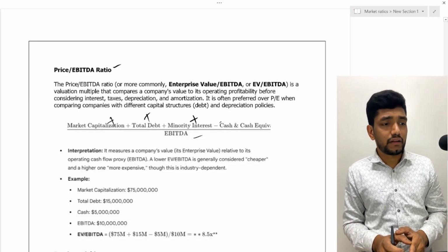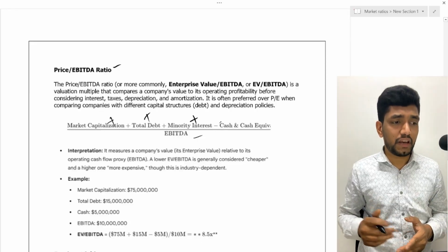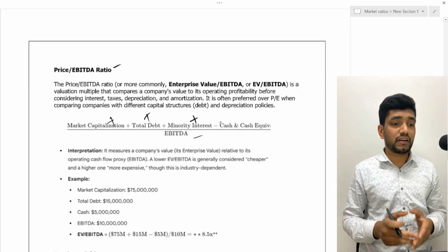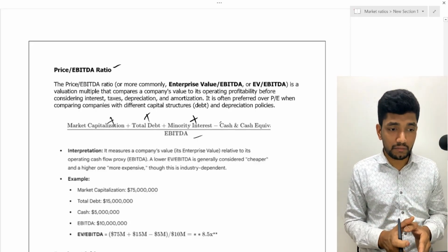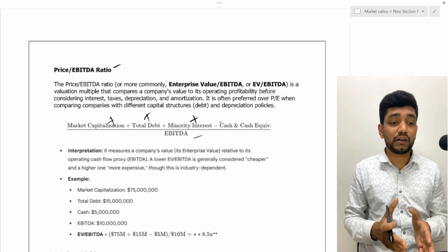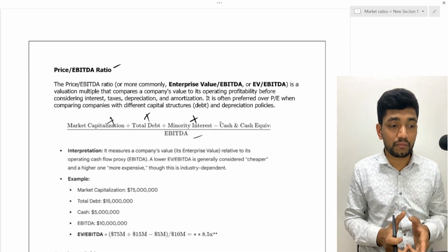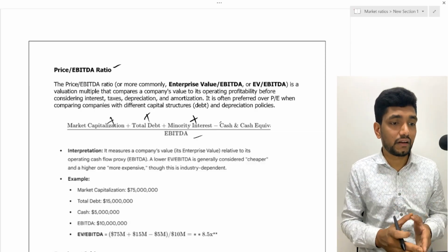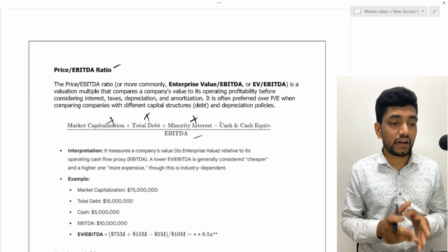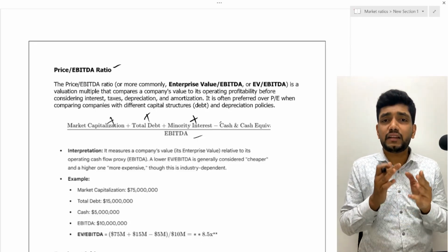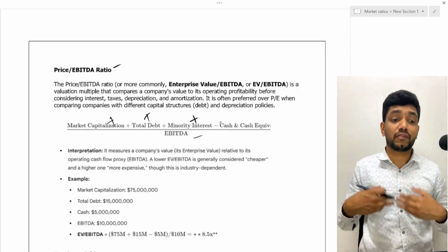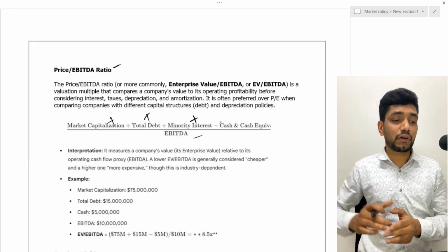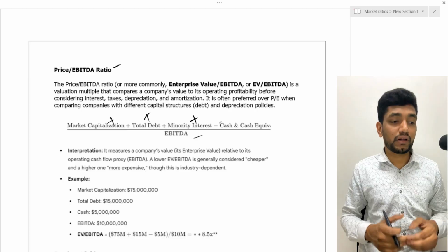Normally, a lower price to EBITDA ratio means the price is lower and the EBITDA is higher, so the market price is considered cheaper. But if it is higher, the market price is higher, and it is considered more expensive. Again, we cannot directly decide whether this stock is cheap or expensive. This can vary from industry to industry depending on its benchmarking.